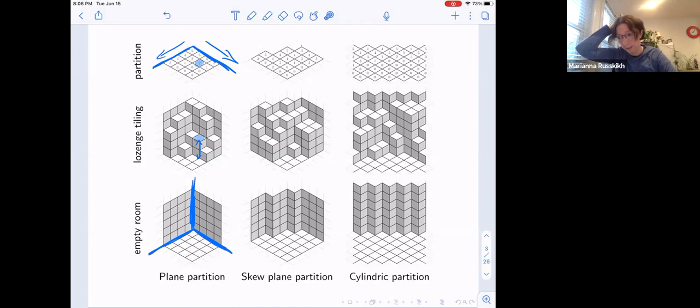And finally, a cylindric partition is a way of filling the boxes of the square grid which is wrapped around a cylinder. So this is a cut version of some picture like this.